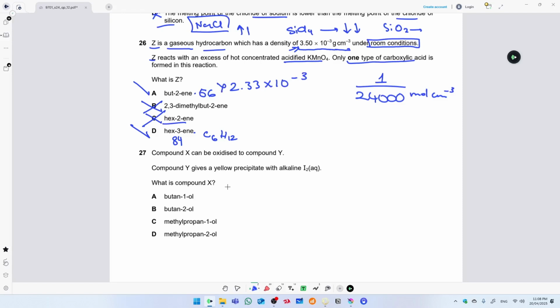Let's try 84 now. If you multiply by 84, you get 3.5 multiplied to the power of negative 3, which matches. So D is the answer.